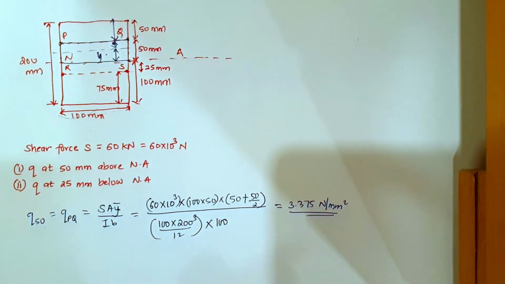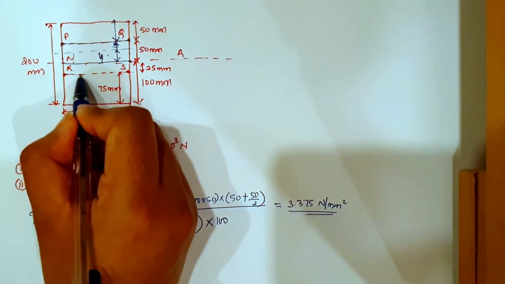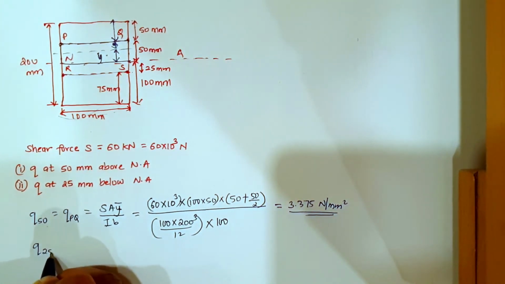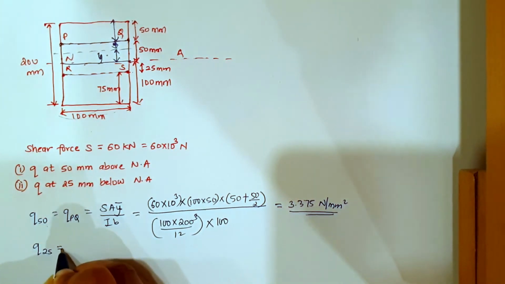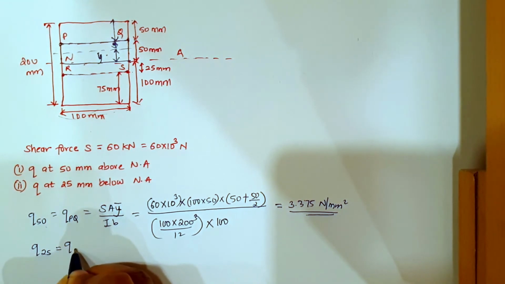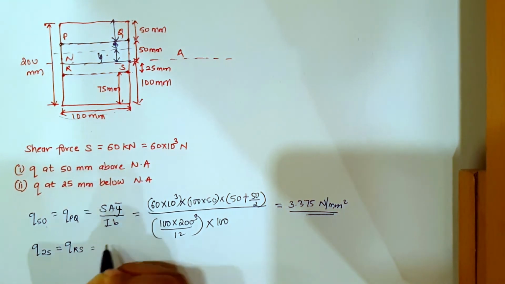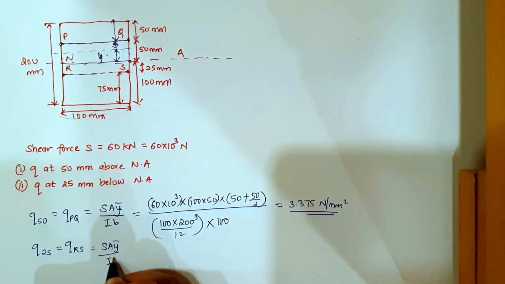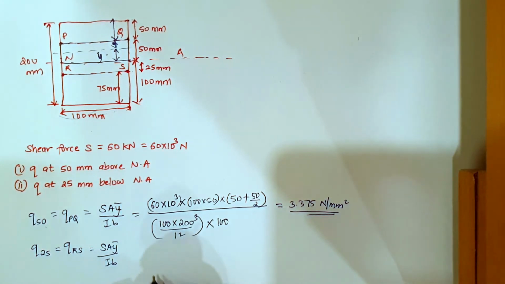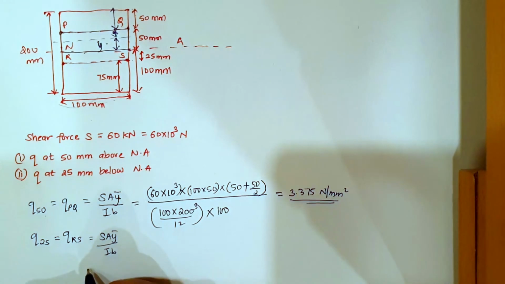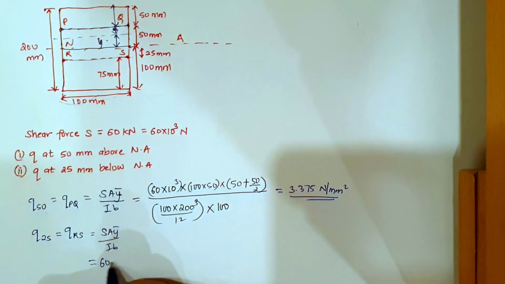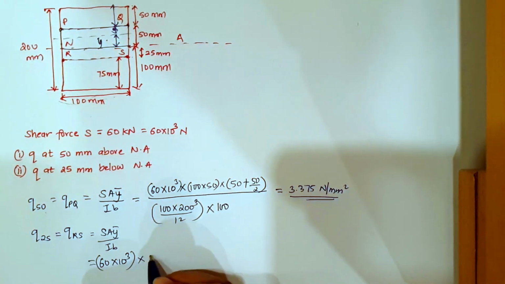Now if we find shear stress at this point, RS, so shear stress at 25, or you can also say shear stress at RS point. So the formula remains same, y bar by IB. So from here it will be equal to, S is 60 into 10 raised to power 3 shear force into area.